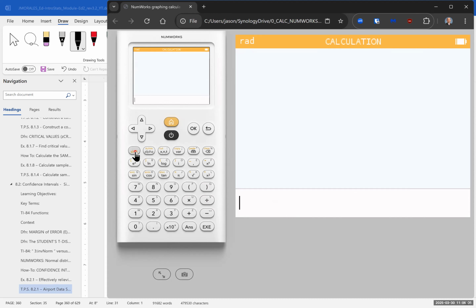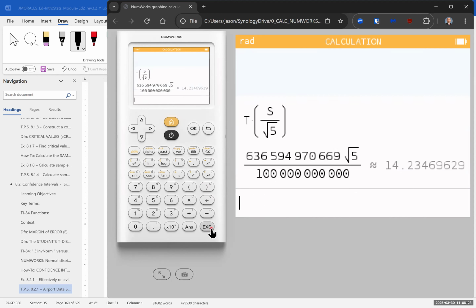So I need to put capital T times, and then the standard deviation was a capital S divided by the square root of 5. Okay, 14.2346, same answer we had with the Texas Instruments.